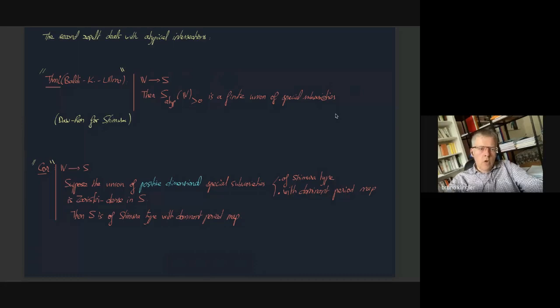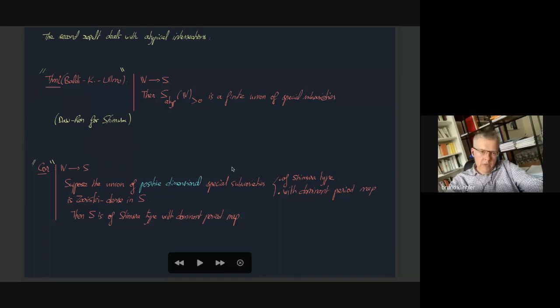Okay. And so this means in particular that we prove André-Oort, but not for CM points, only for positive dimensional special subvarieties. Suppose you have a variation of Hodge structure, and suppose that S contains a union of positive dimensional Shimura varieties, basically. Of course, you have to be more precise. I mean special subvarieties of Shimura type, meaning that the period map restricted to the special subvarieties takes values in a Shimura variety and is dominant.